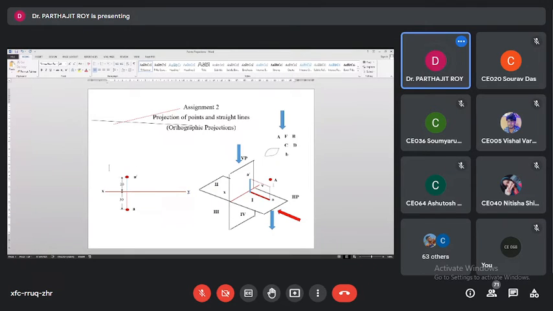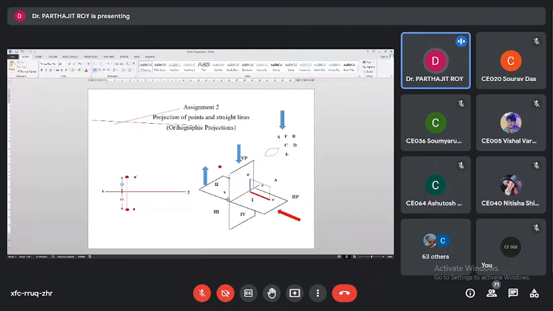Similarly, if I have my point in the second angle, what will be the position of the front view and top view with respect to the reference line? The procedure remains the same. Now the thing is that earlier the plane had been rotated in the downward direction for the part of the horizontal plane lying in front of the vertical plane.